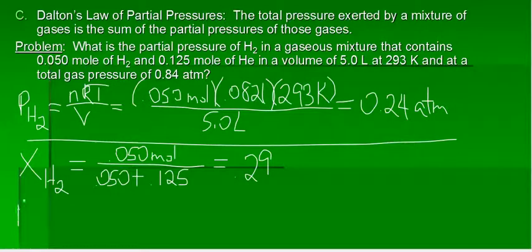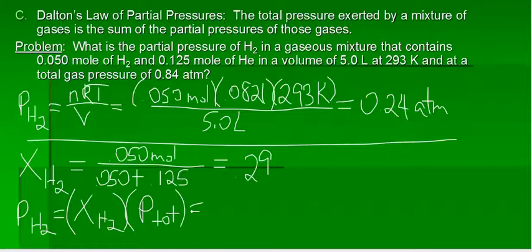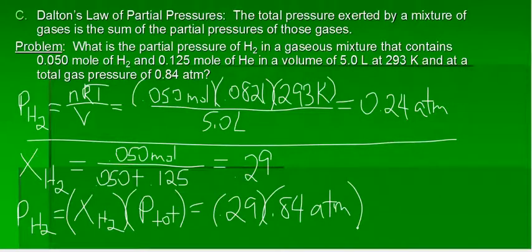If I want to find the partial pressure of hydrogen, I can simply take the mole fraction of hydrogen multiplied by the total pressure. So we're going to take 0.29. I was given the total pressure in the problem, 0.84 atmospheres. So hydrogen is 29% of 0.84 atmospheres. The partial pressure of hydrogen is 0.24 in that mixture of gases.